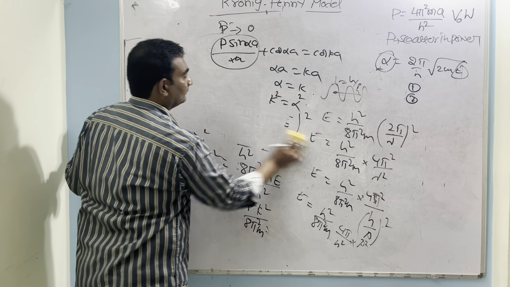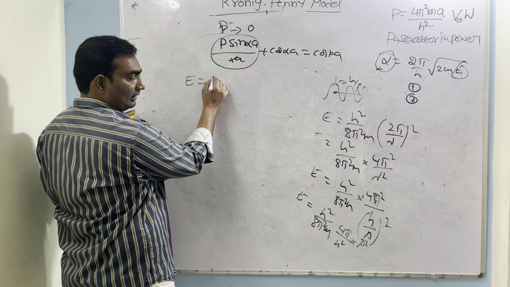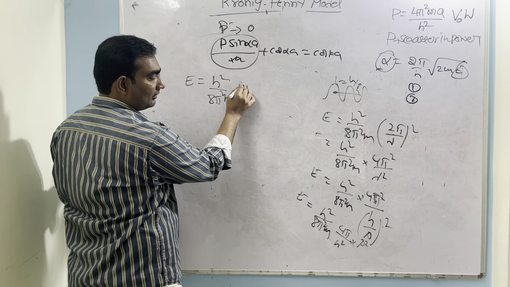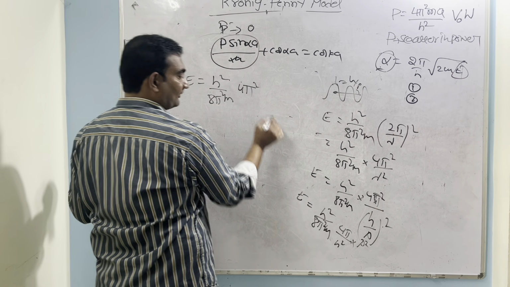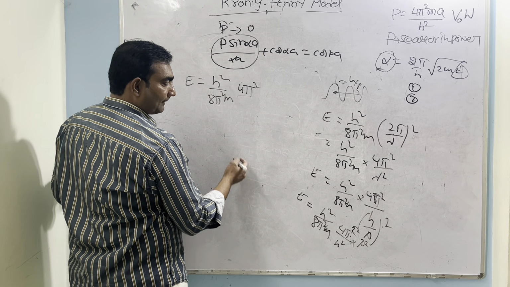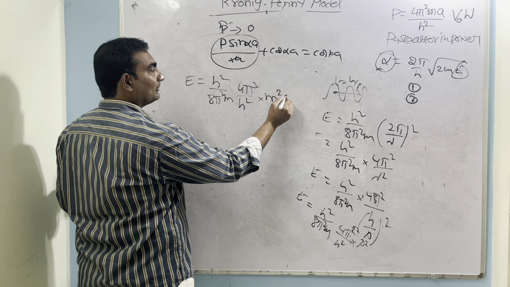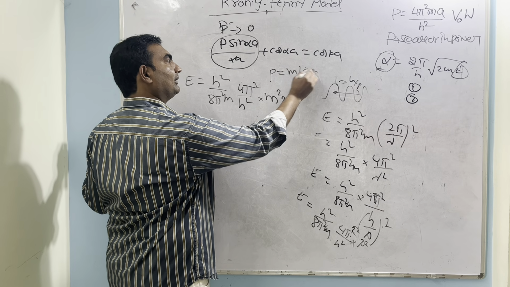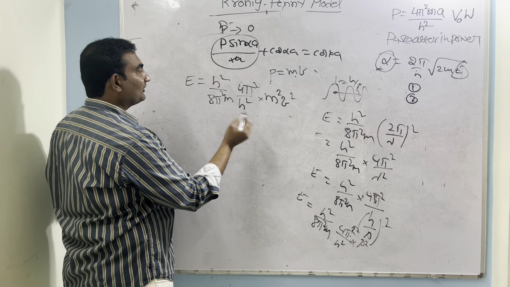P is the momentum of the electron, P is equal to mv, mass into velocity of the electron, which we already know. So which terms are getting cancelled?